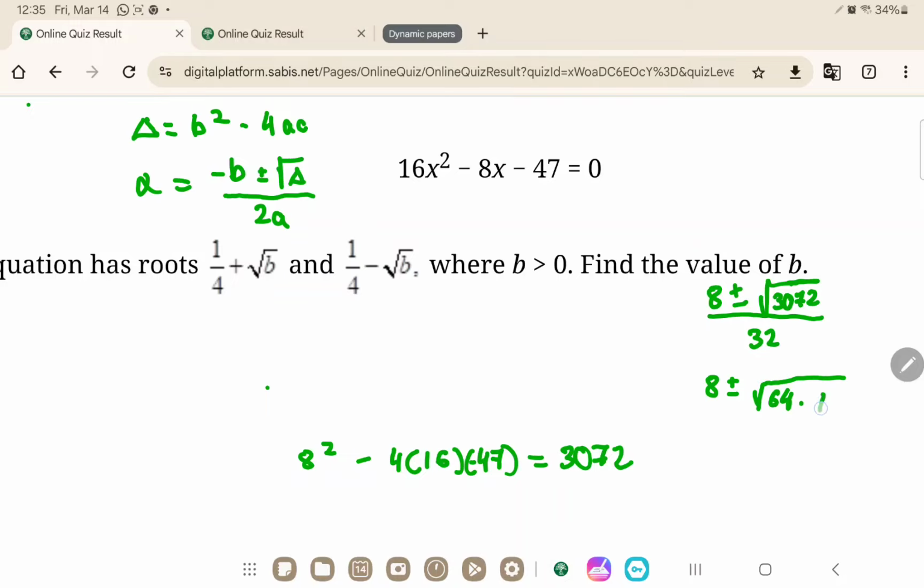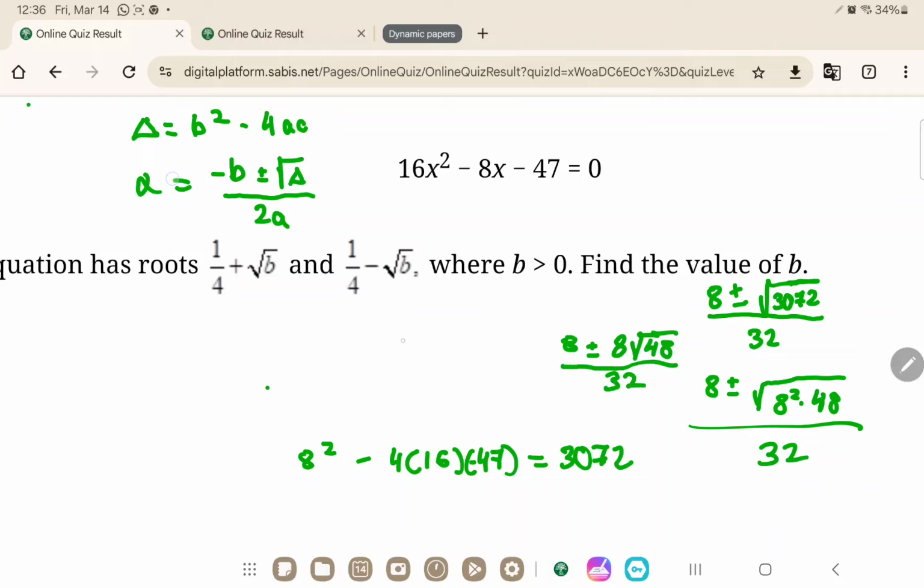So you're left with 8 plus minus radical 64 times 48 over 32. 64 can be rewritten as 8 squared, right? Now what do we do with numbers squared? You can take them out of the radical sign. So it's 8 plus minus 8 radical 48 over 32.